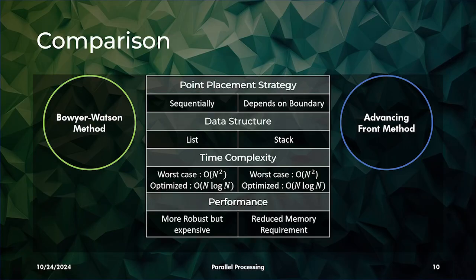The time complexity is the same: worst case is O(n^2) and optimized time complexity is O(n log n). Boyer-Watson is more robust but expensive, and uses more memory. The advancing front method reduces memory requirements, but sometimes it may not be robust.